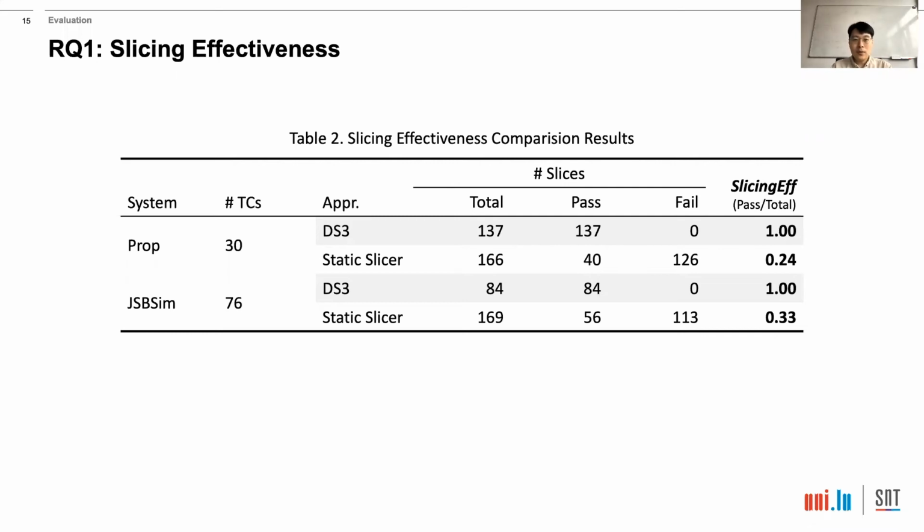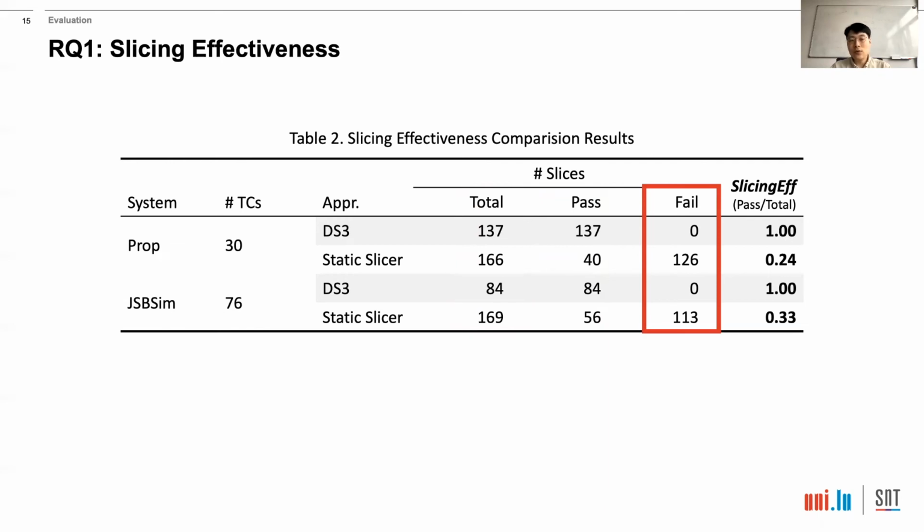This table shows the RQ1 results, which is slicing effectiveness. If we focus on this red part, which is the total number of slices, you can see that for the proprietary data set, DS3 generates 137 slices, while a static slicer generated 166, which is larger than DS3, simply because DS3 has this slice minimization step in the end. You have to focus more on the failing part because DS3 has no failure, meaning that none of the decomposed test cases cause any unexpected runtime error.